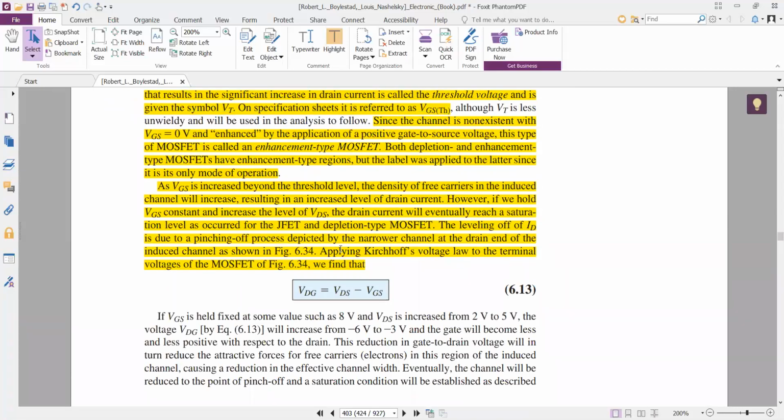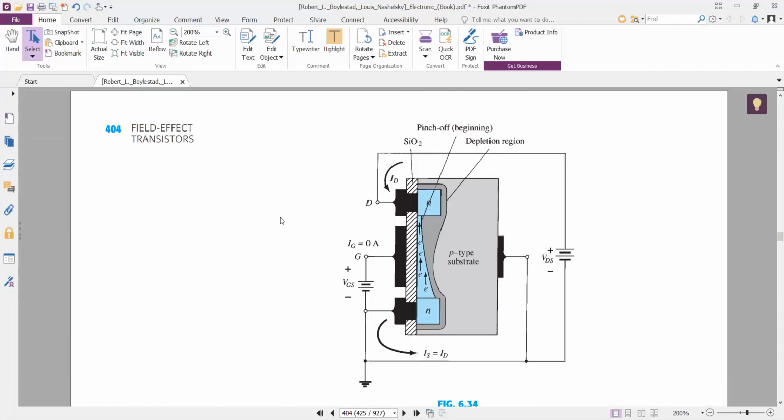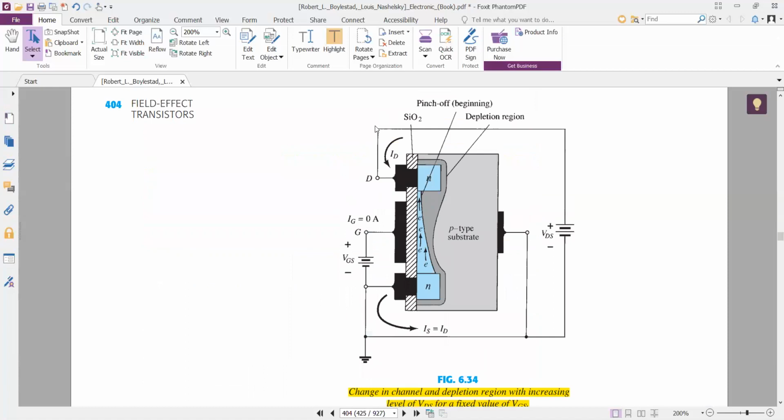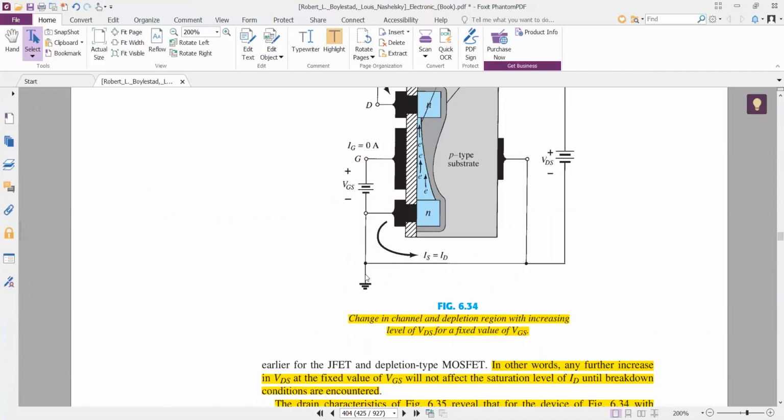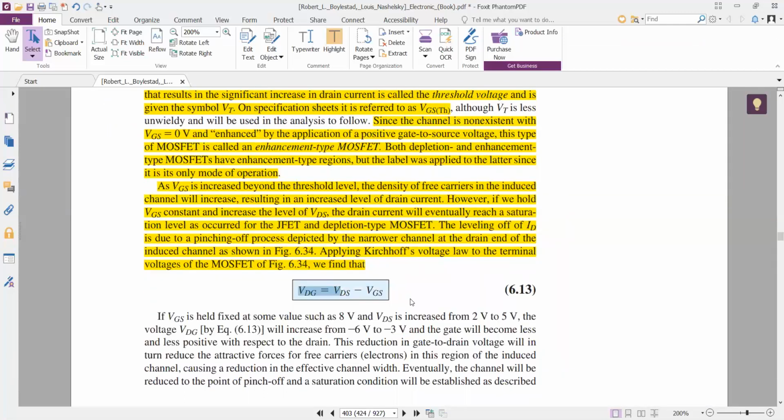We can apply KVL to find the working equation of enhancement type MOSFET. VDG is equal to VDS minus VGS.